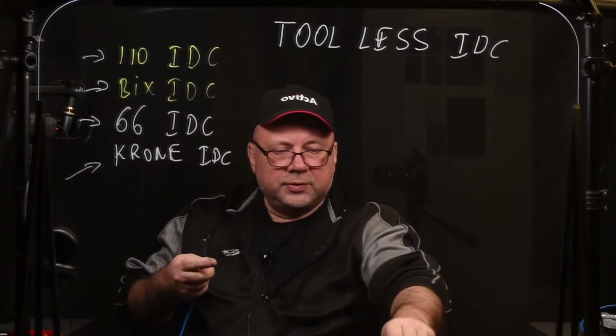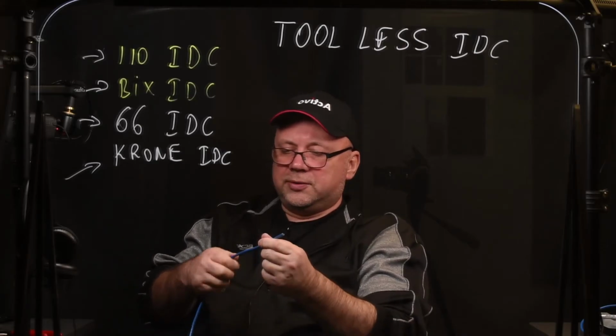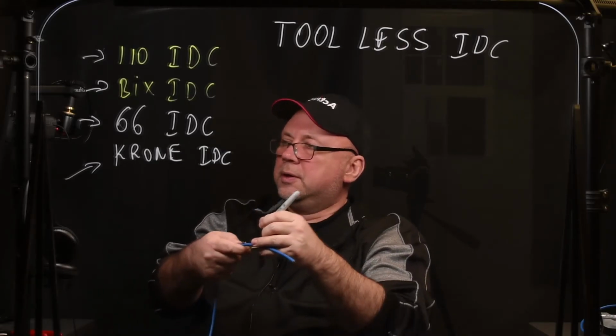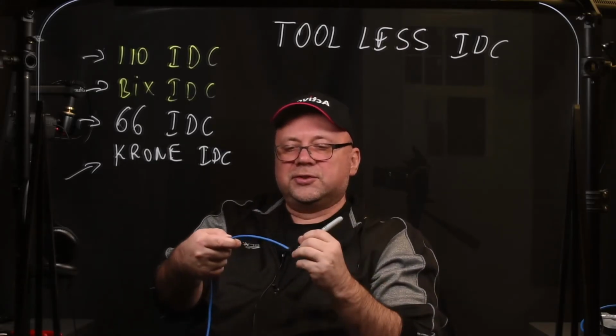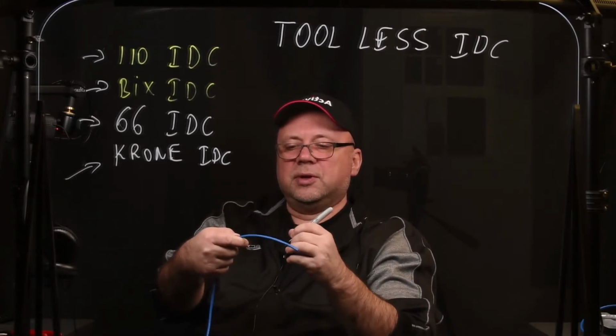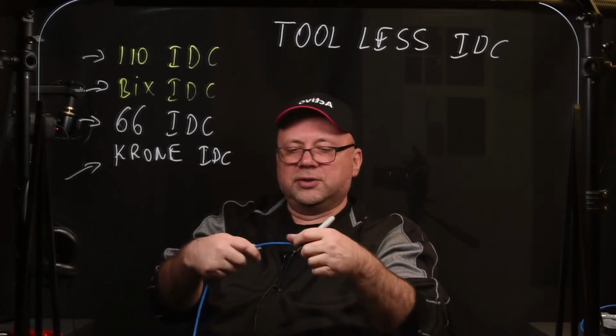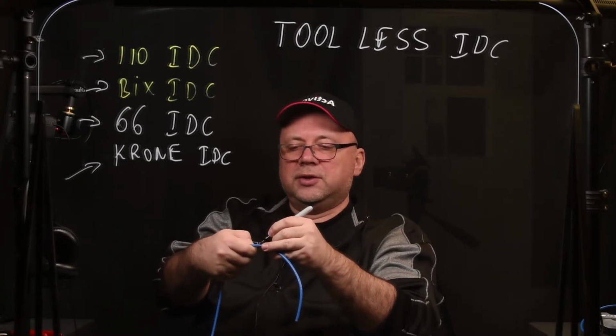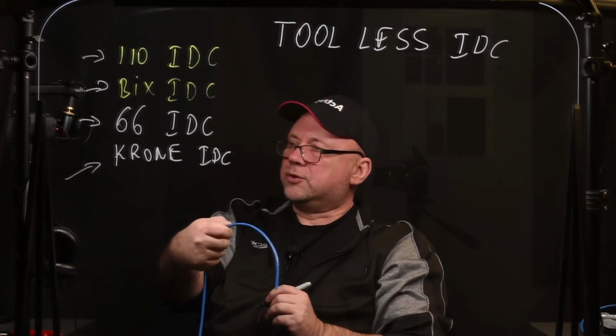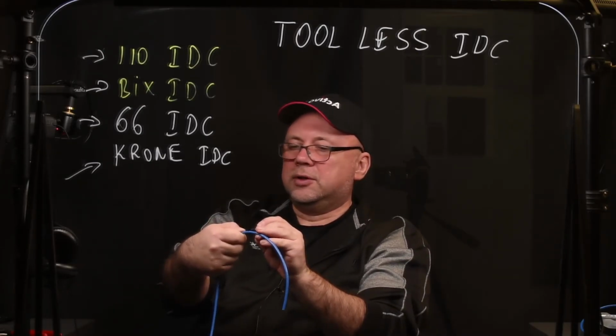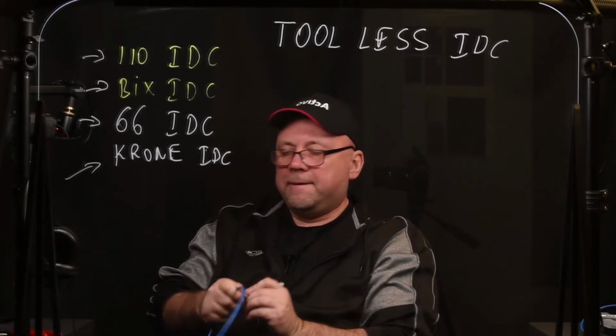Okay, so I'm just going to mark my, just going to do it about this far. Actually, no, let's go further. This is how much we need to strip. That's our stripping point. Okay.